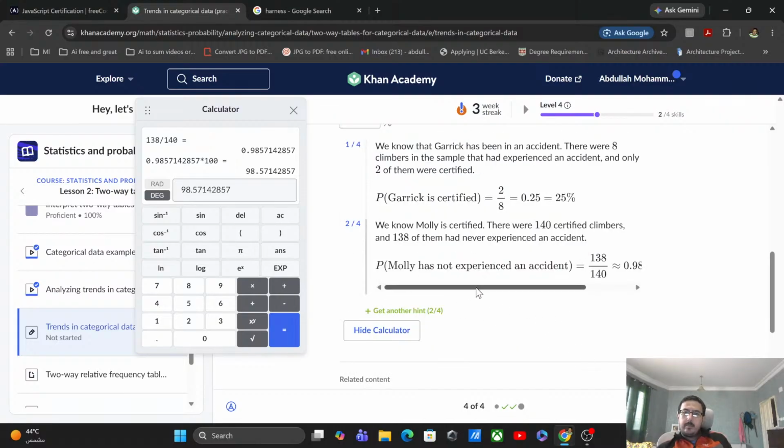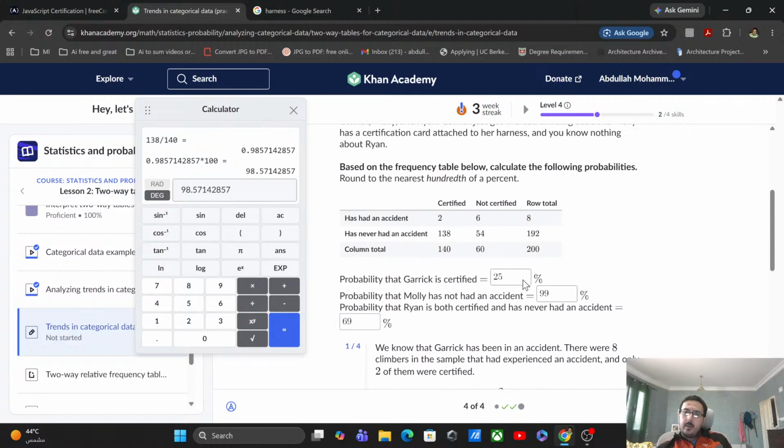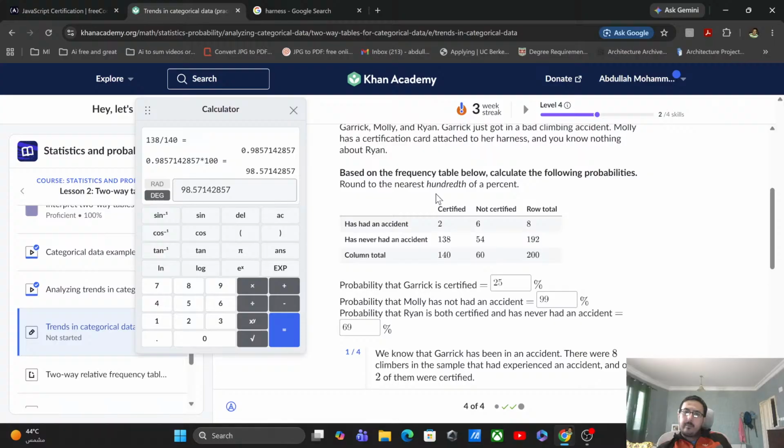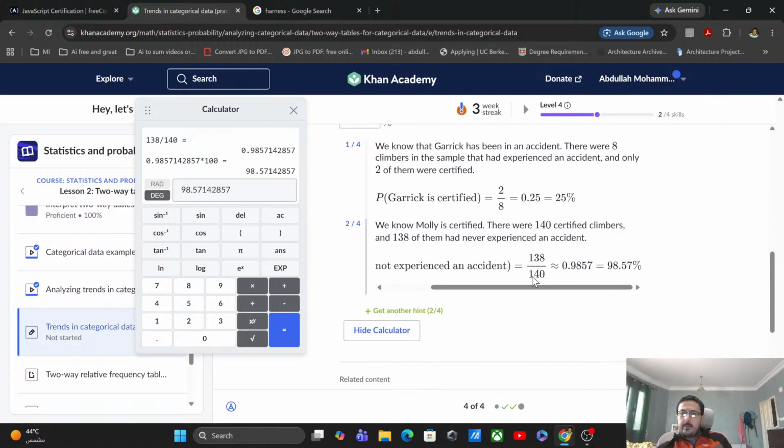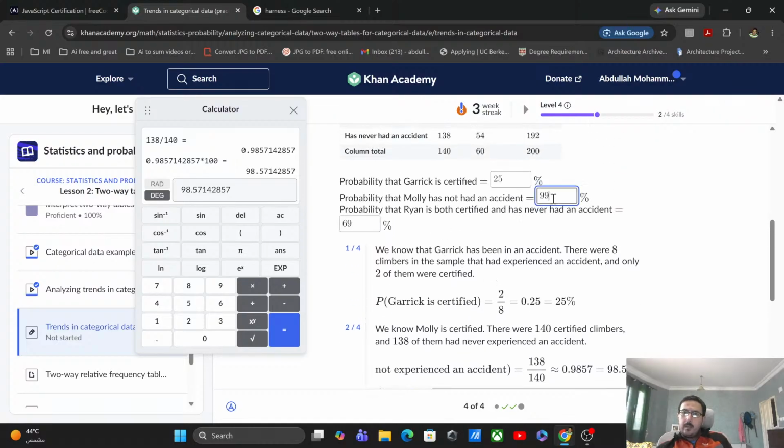Okay, show step. Point 57. Why are you saying round to the nearest hundredth of a percent? Okay, I got it wrong. 98.57.